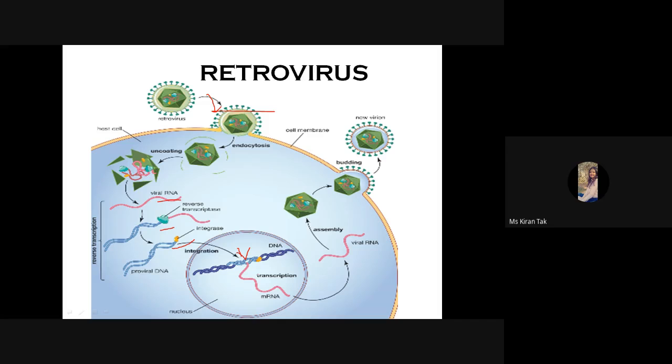With the help of transcription, it again forms its genetic material, and this RNA produces proteins. It assembles itself, and with the help of budding, new virions are formed.